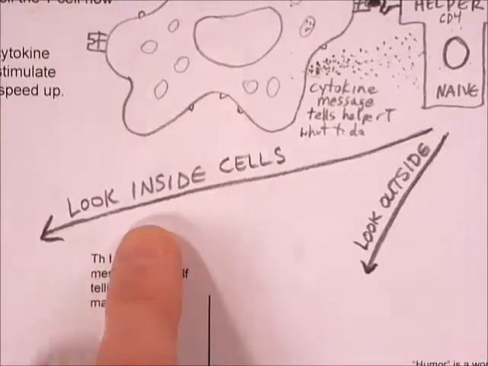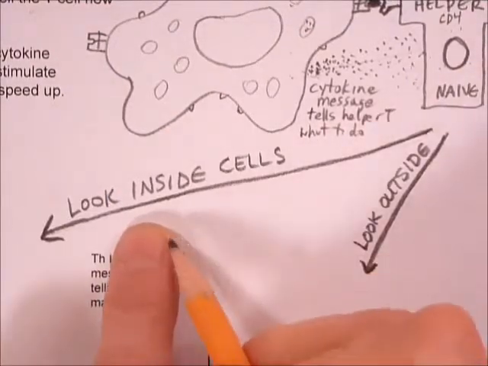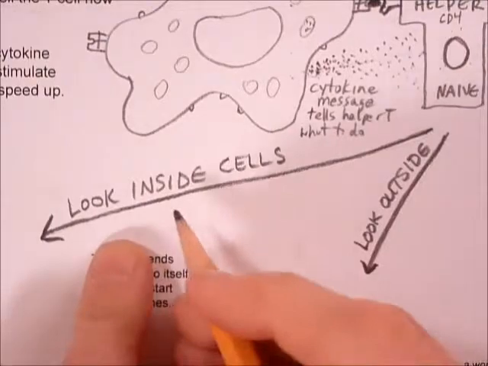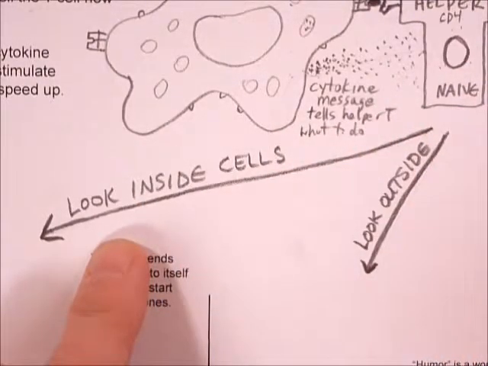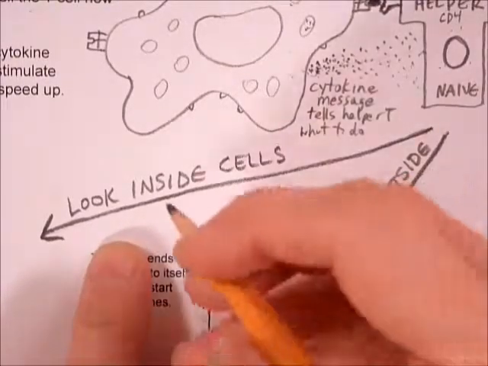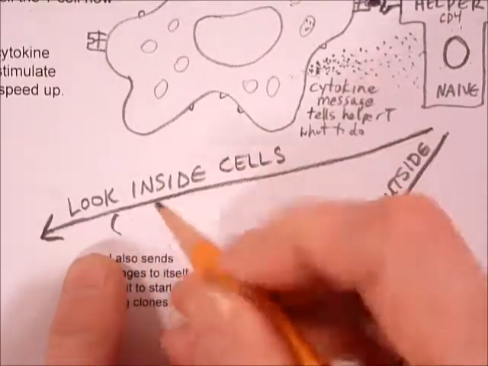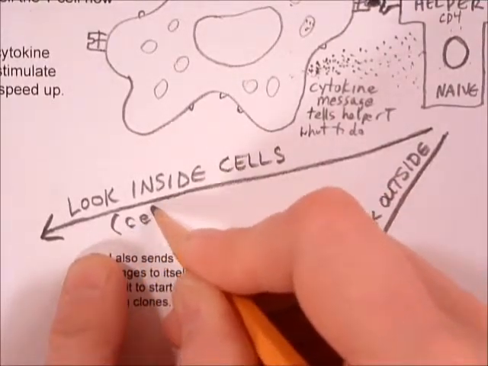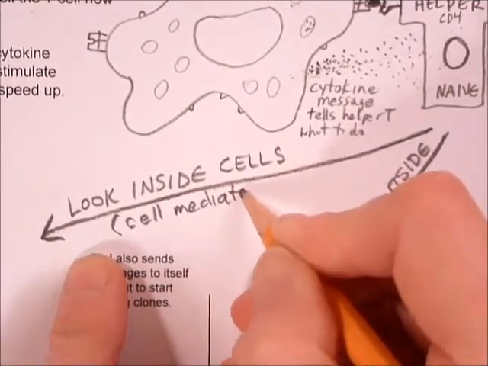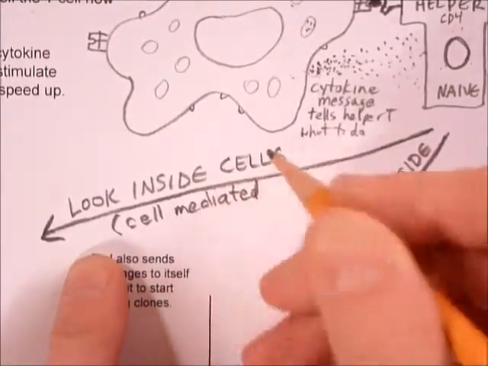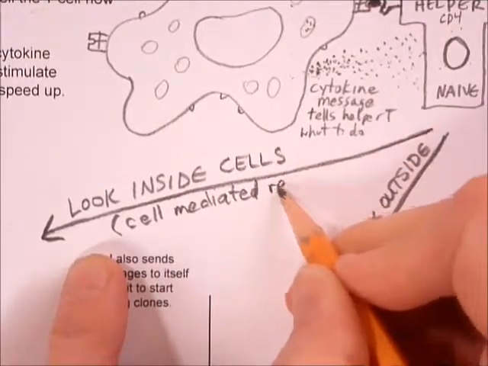Now, if you look inside the cells, this is a very important word here. I'm going to make it just a side note to this drawing. I'm not going to make a big deal about this vocabulary word. However, when you are reading a regular textbook, they're going to make a big deal out of it. Okay, so I'm even going to put it in parentheses, okay? It's called cell-mediated response.